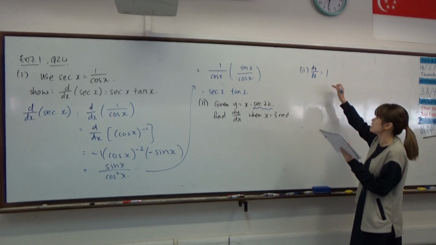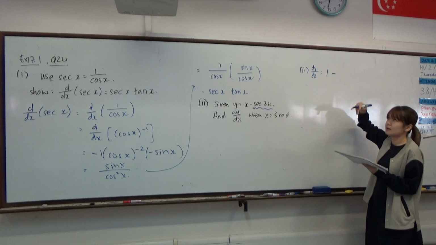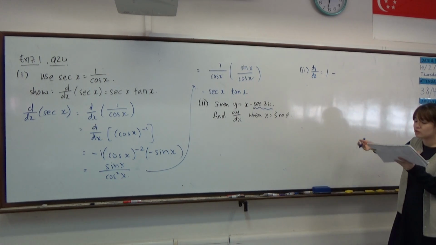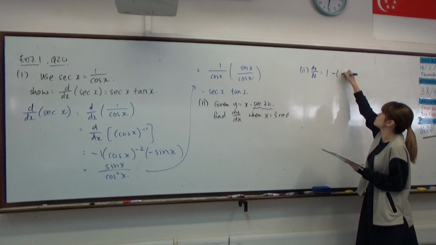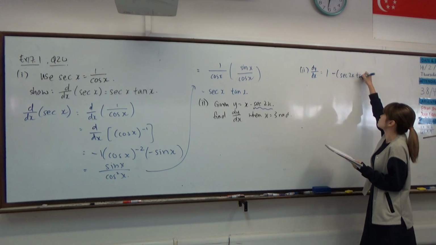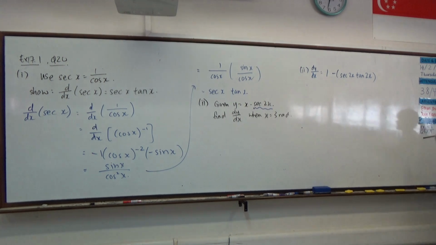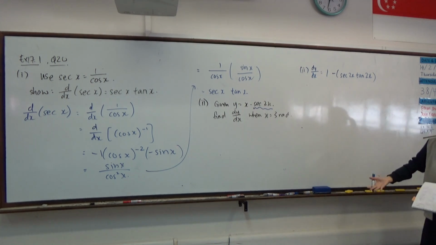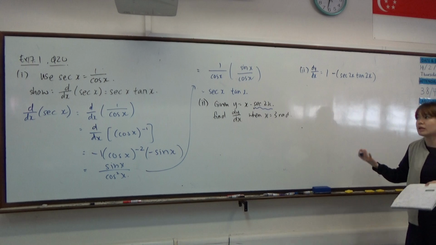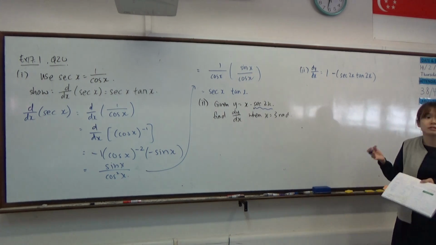So in this case, we do as we usually do for trigo. Secant will change to secant 2x tangent 2x, because when you differentiate sine, it becomes cosine, differentiate cosine, becomes negative sine. So when you differentiate secant, it becomes secant times tangent.